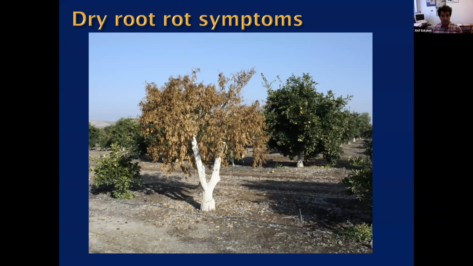For example, in plant pathology, when I'm identifying diseases, when I look at the symptom on a dead plant, as you can see on this slide, the plant leaves are still intact on the plant, but the plant is completely dead, which tells me that this plant died within a short time.